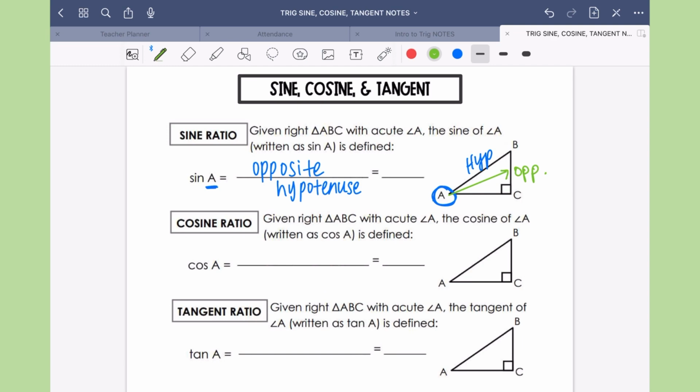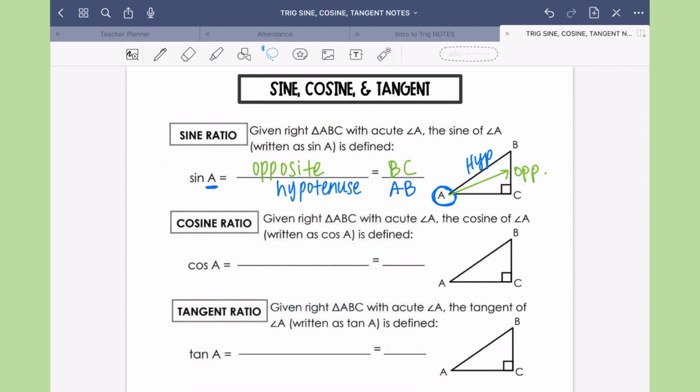Then I would just write it. What is the opposite segment? BC or CB. So BC divided by your hypotenuse, which is this side, AB.